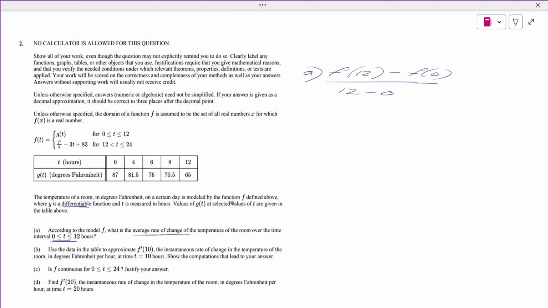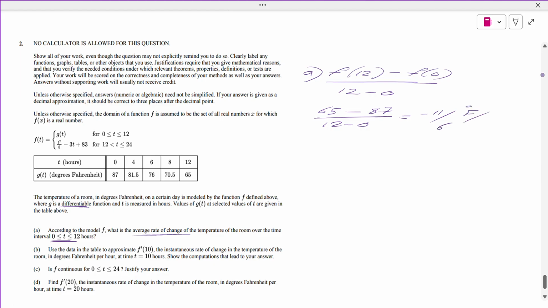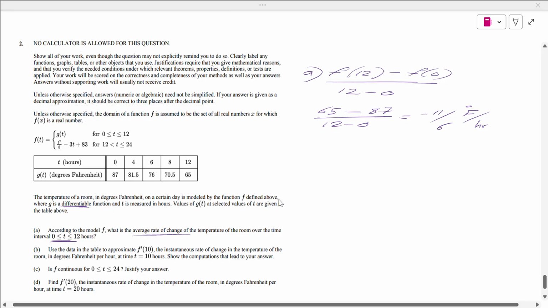From the table, f of 12 is 65, f of 0 is 87, over 12 minus 0, and that would be negative 11 over 6 degrees Fahrenheit per, what's the unit for time? It's hours. Negative 11 over 6. Okay, this is part A.